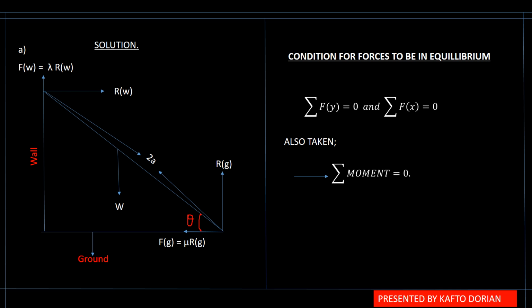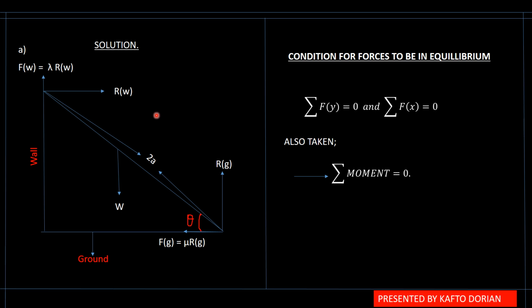Okay, from resolving the moment, you realize that the moment of a force is defined as the product of the force and the perpendicular distance from the line of action of the force to the pivot.